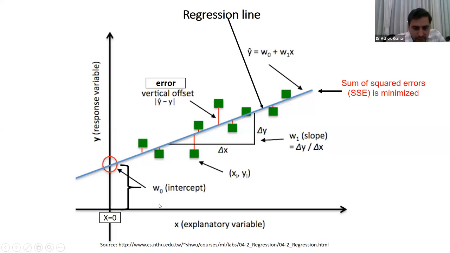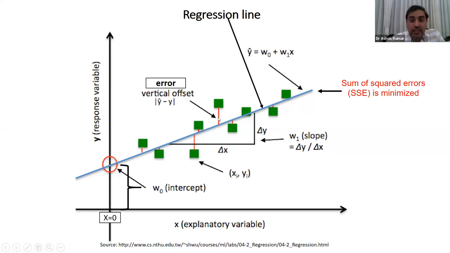Then the software will do it automatically. This is for the second participant, this is for the third participant, height and weight. And this is the best fit line. Why is it the best fit line? Because these are actual observations, and these are the distances from this best fit line, you can see here.